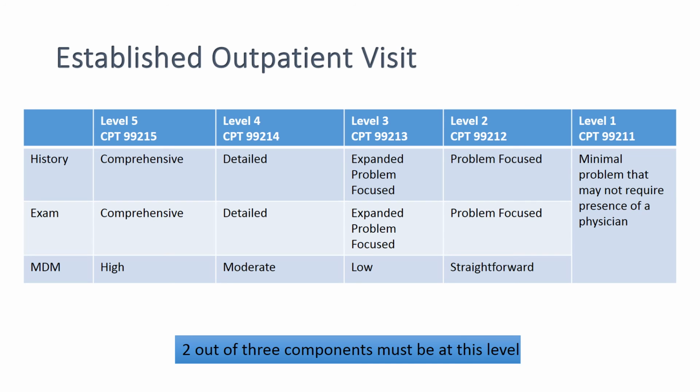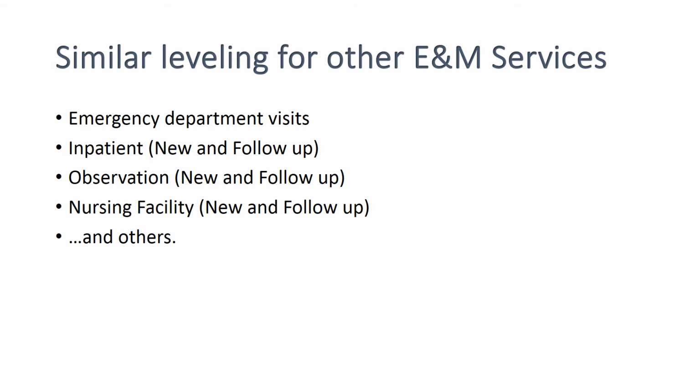However, I would strongly recommend that you make sure that your medical decision-making is at the level required for the level of service you're billing. There's similar leveling for other E&M services, such as emergency department visits, inpatient visits, observation status, and nursing facility visits.